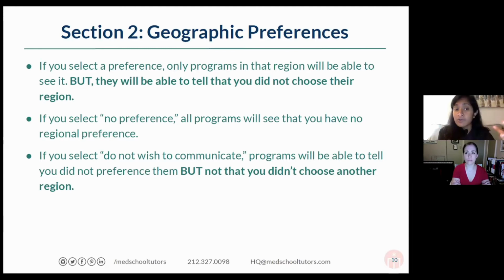It's the same as putting a preference in terms of what programs can see. People will not know that you didn't put the Northeast. They'll just see that you didn't put them. So they won't know if you put the Northeast or if you put do not wish to communicate. They'll just know you didn't put their section.